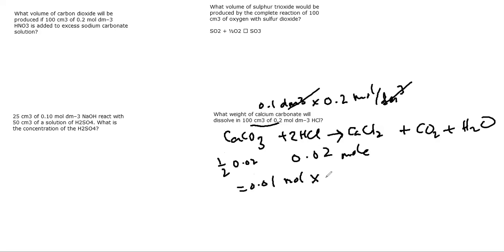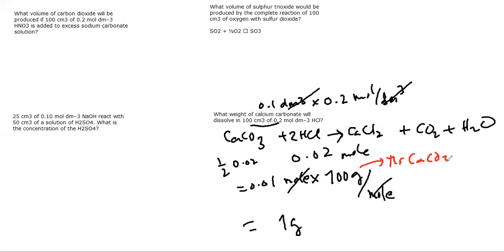Then you multiply by the Mr of calcium carbonate, which is 100 gram per mole. I cancel the mole, then I have 1 gram. Is that clear? This is the Mr of calcium carbonate, 100 gram per mole.